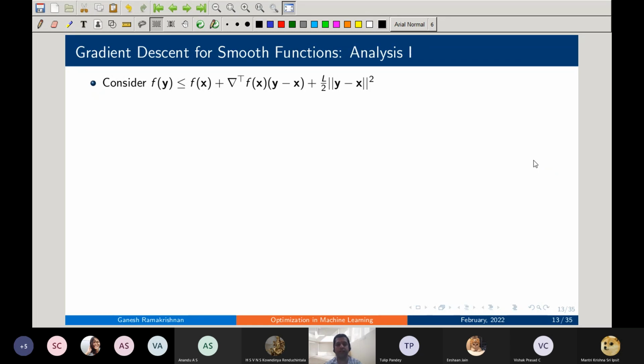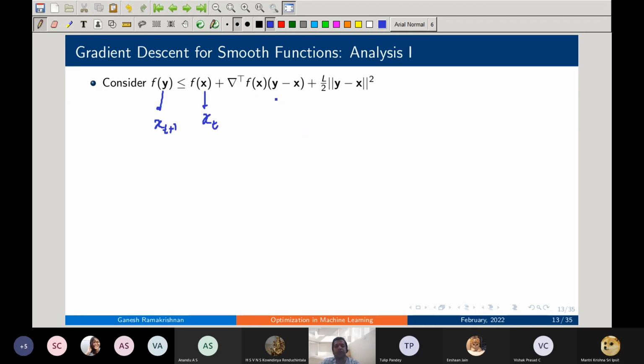Okay, so let me provide some leads here. As usual, we'll have to think of what's the next expression or next inequality to apply. If you have smoothness, you could start with f(y) less than or equal to f(x) plus the dot product between the gradient at x and y minus x, plus L by 2 norm y minus x square. So what would be a substitution for y and x? Naturally you would pick y to be x_{t+1} and x to be x_t.